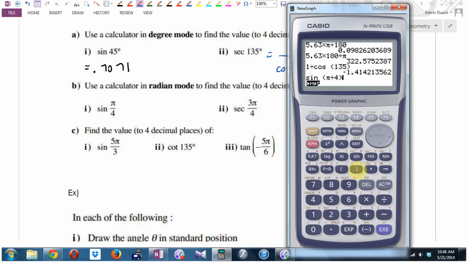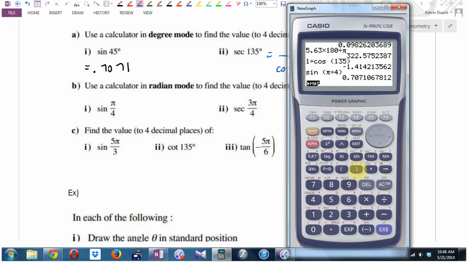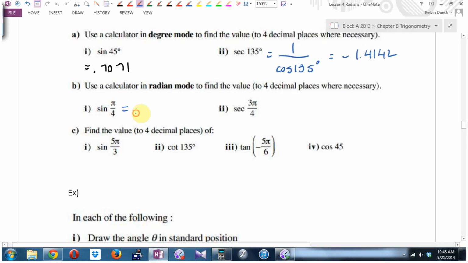I think it should also be 0.7071. Yes, I think. That's because pi by 4 is 45 degrees. By the way, 3 pi by 4 is also 135 degrees. So I'm kind of hoping to get the same answer here. Let's see.